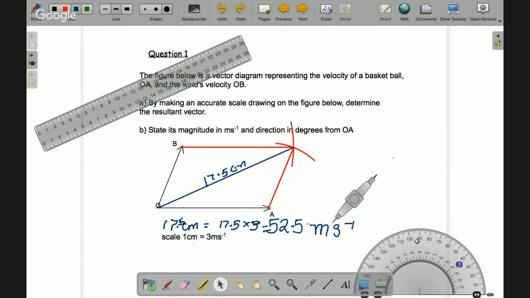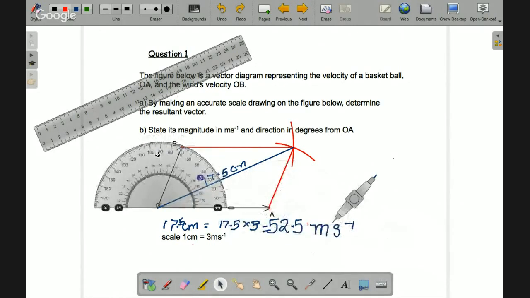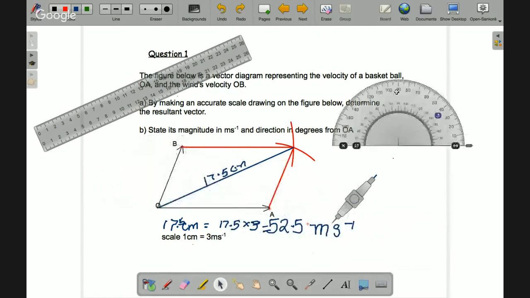To get the direction, that's why I brought in the protractor. So the direction that we're actually interested in is, we just need to know what angle this is. Right, so we would use the compass.